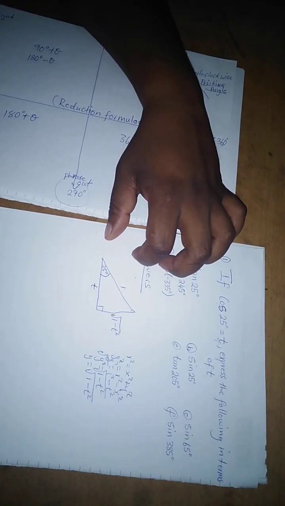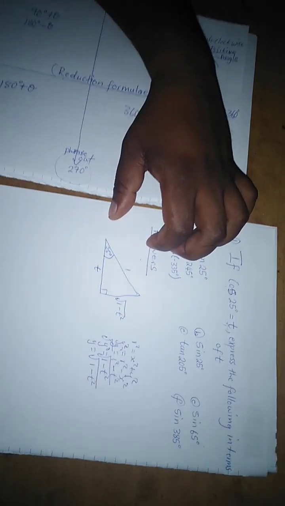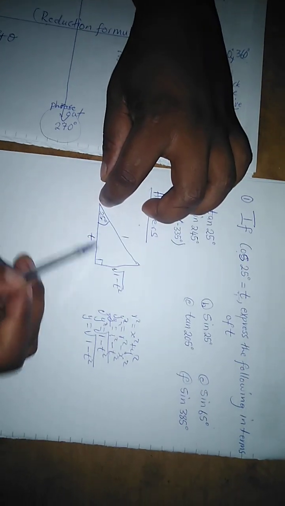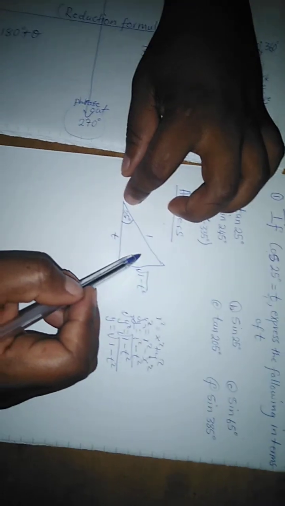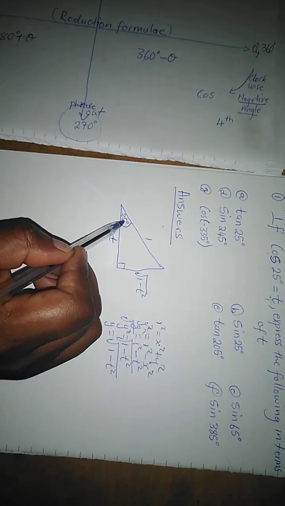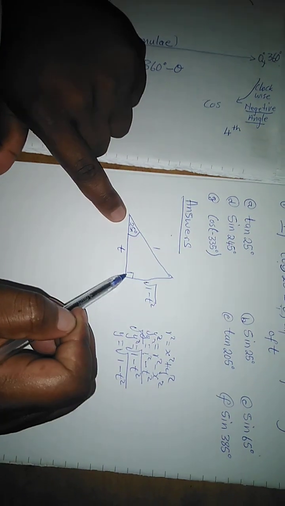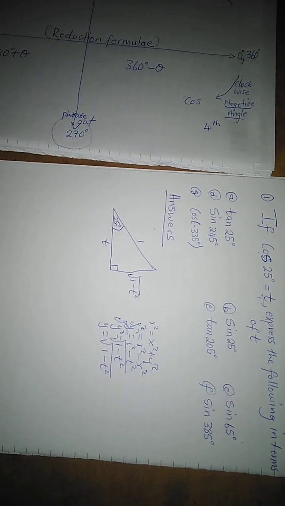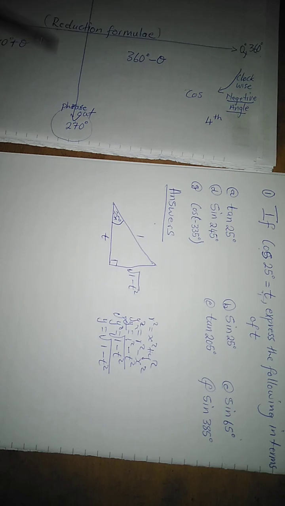Again, I advise you Grade 11s that if you have problems like this, make sure you find the sum of the interior angles of a triangle. Here I have 25 and here I have 90 degrees, so you use your calculator. 90 plus 25 is equal to 115.